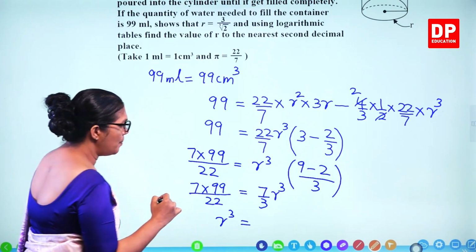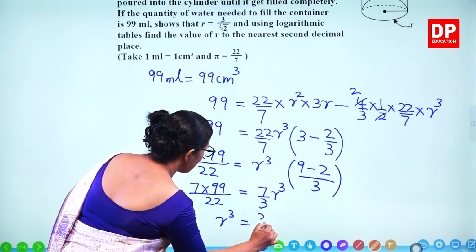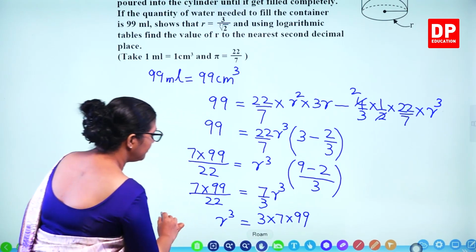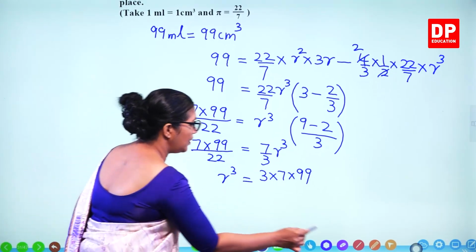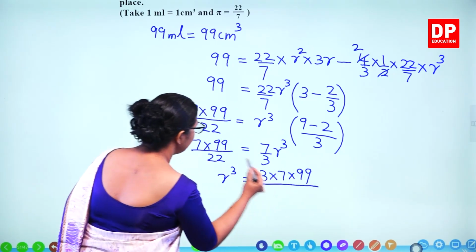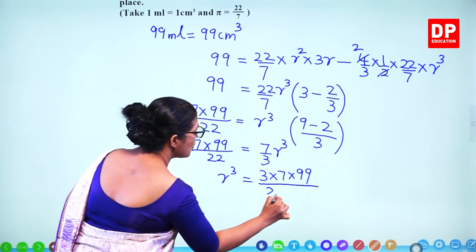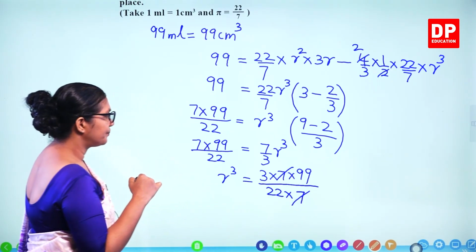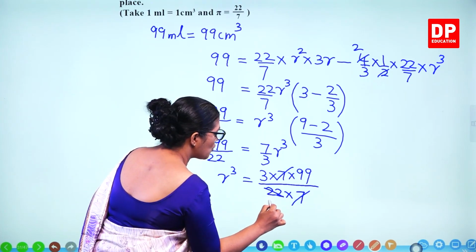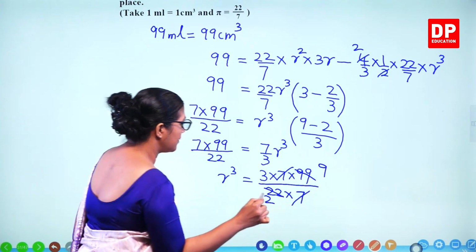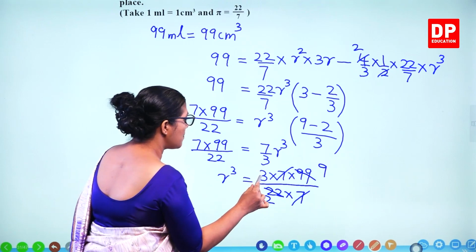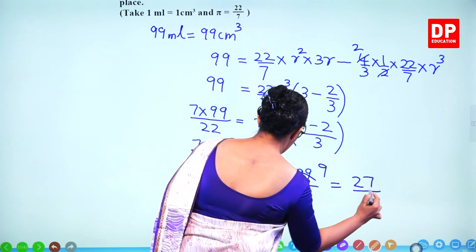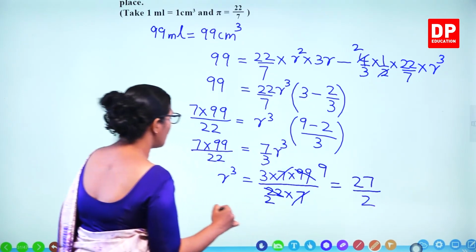So what is r cube? Multiply by 3 and divide by 22 and 7. 7 gets cancelled out. 11 times 2, 11 times 9. 9 times 3 is 27 over 2.